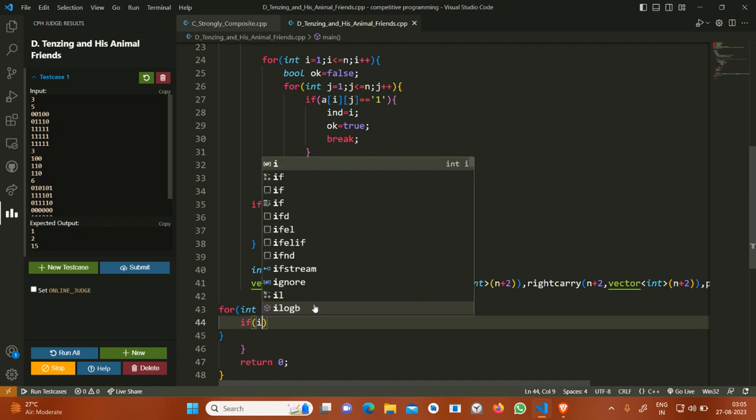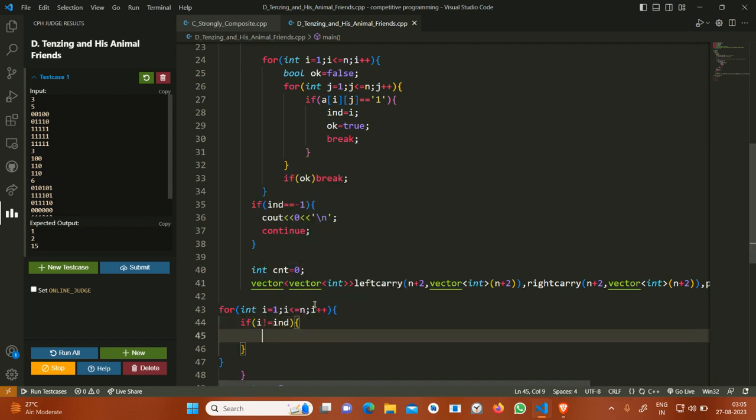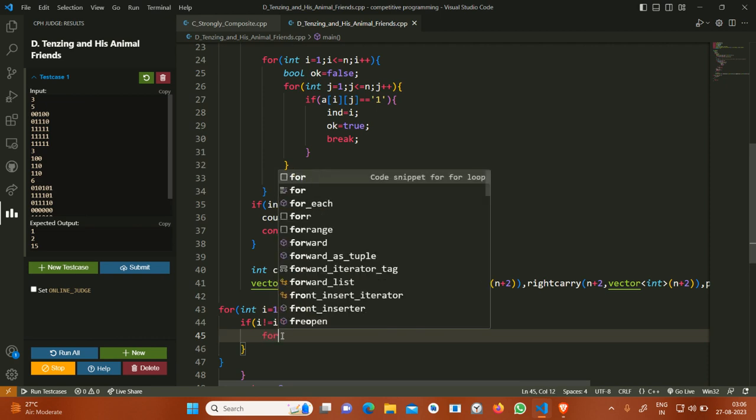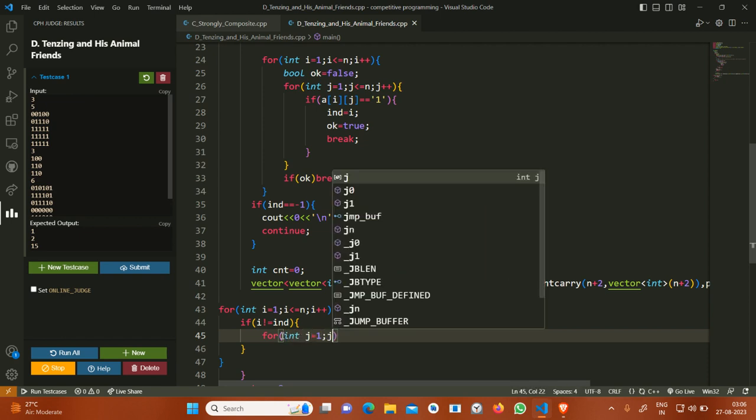If i is not equal to index, meaning this is not the first row. Why am I saying so? Since this is the first row, I actually do not require the prefix. That's why I have written so. Again, it depends on implementation, because the only thing that matters is the approach. You can code it on your own in another way. That's not an issue.